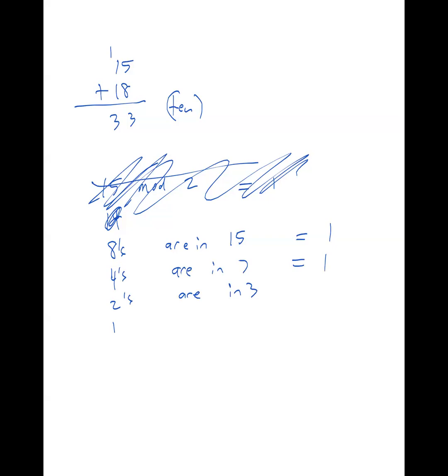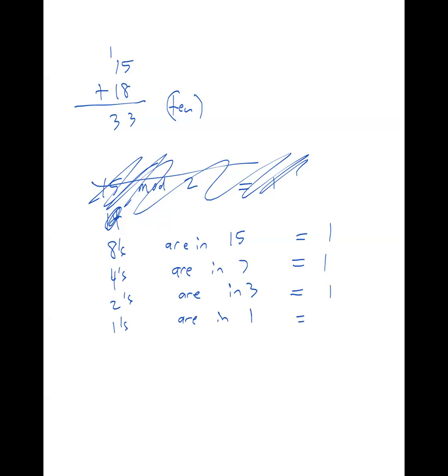1. And then what's left after you take 8 out of 15 is 7. So then you go down and how many 4s are in 7? 1. And then you take 4 away from 7 and you get 3. How many 2s are in 3? 1. And then if you take 2 away from 3, what's 3 minus 2? 1.